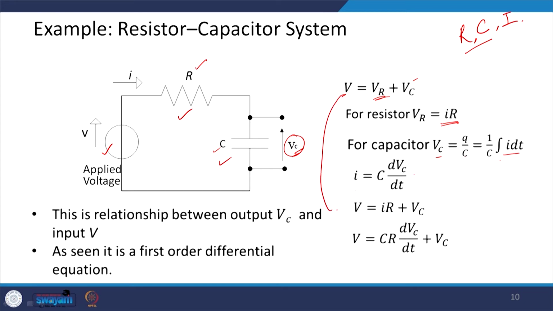So this V can be written as IR plus Vc, and substituting I, this is C R dVc by dt plus Vc.